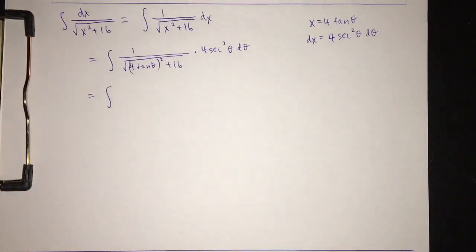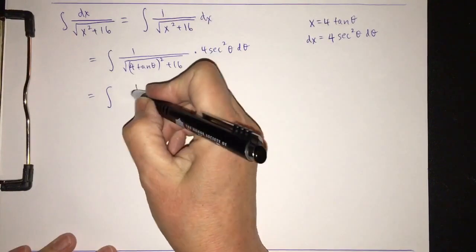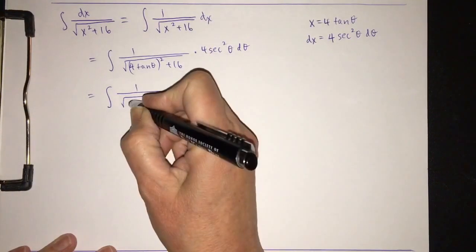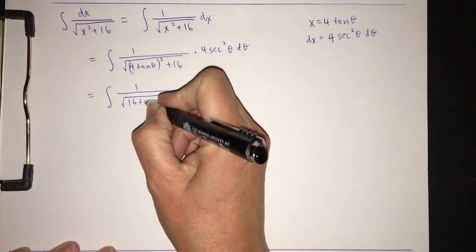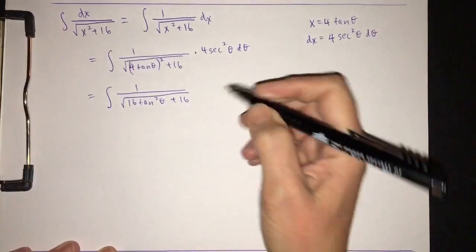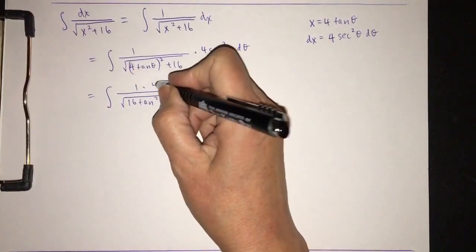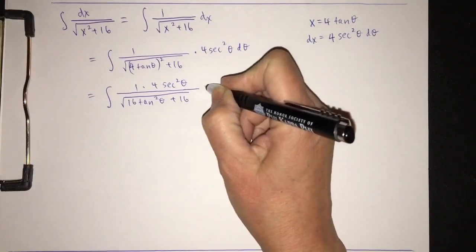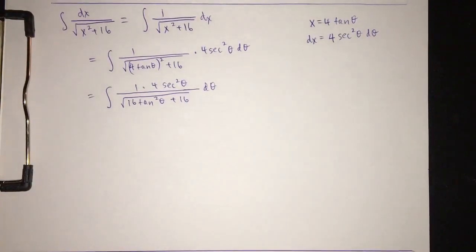Under the square root sign, that's going to become 1 over the square root of 16 tangent squared theta plus 16, and I will go ahead and put 4 secant squared theta in the numerator, and I'll leave the d theta on the side there.